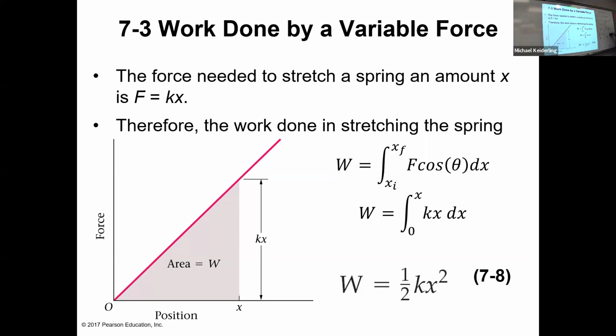And this, I guess, would be the force on the spring or the force applied. So the work applied would end up being 1/2 kx squared. So the minus is the work done by the spring. The plus is the work done by you on the spring. So this is the work you did. This is the work the spring did. And this ends up being the amount of energy that gets stored in the spring. But we'll get to that in the next chapter.